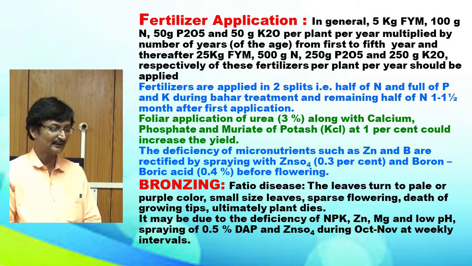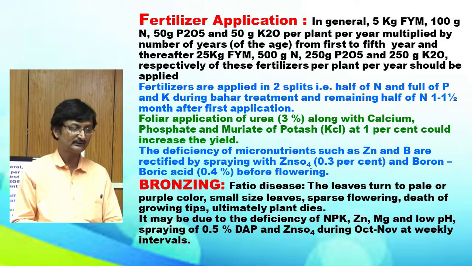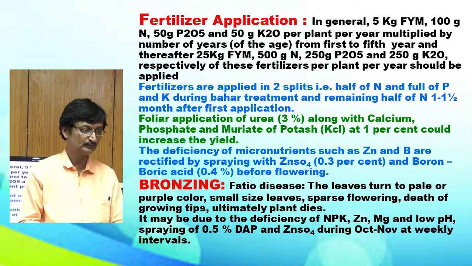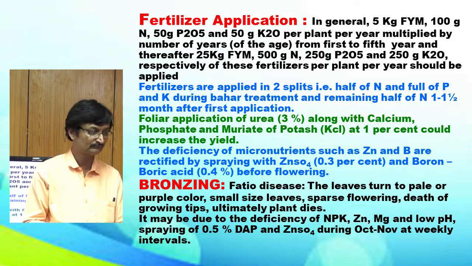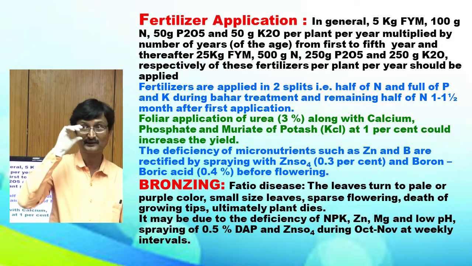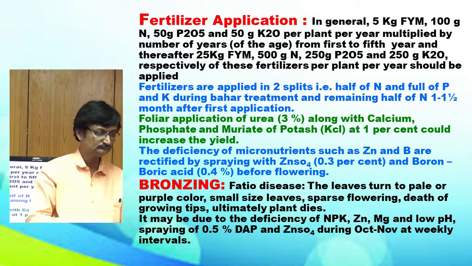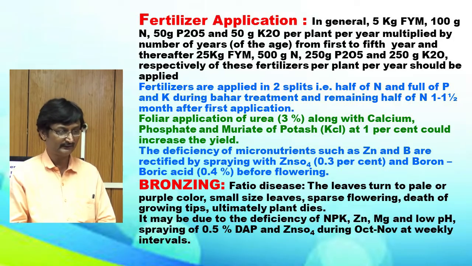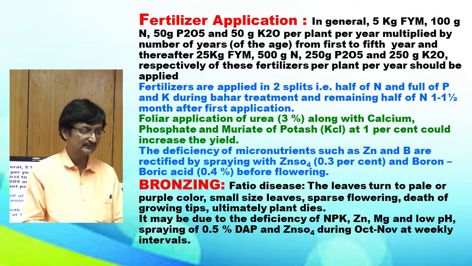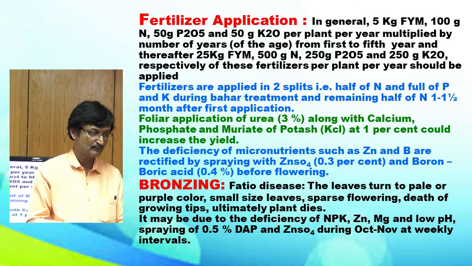Now fertilizers are applied in 2 splits, half of nitrogen and full P and K during Bahar treatment and remaining half of nitrogen 1 to 1.5 month after first application. Foliar application of urea 3% along with calcium phosphate and MOP, that is potassium chloride, at 1% could increase the yield.